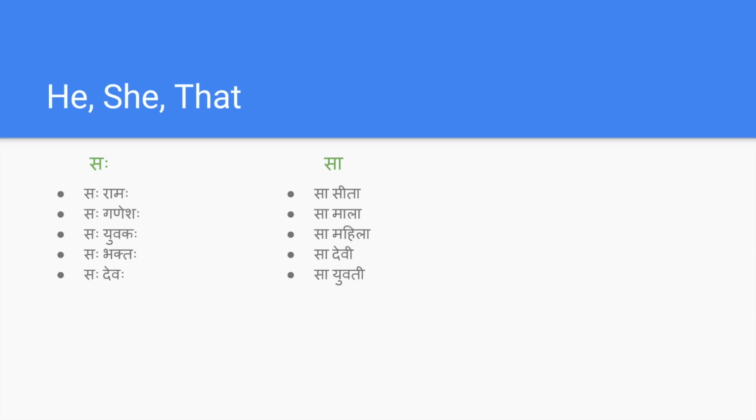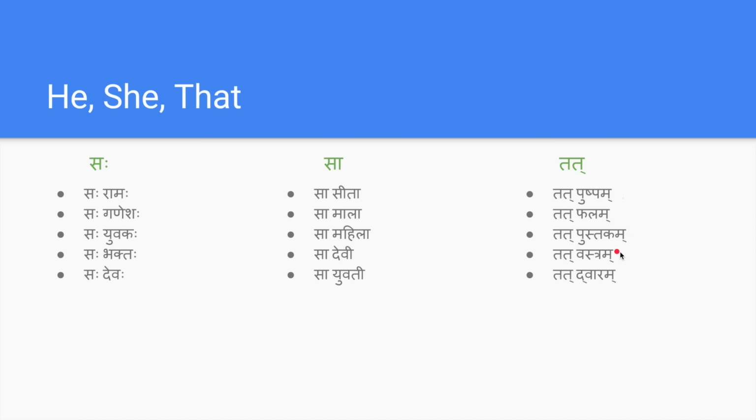And that is represented as tat. That means that. Like all other things, like neuter things, you can use tat. Tat pushpam. Tat phalam. Tat pustakam.